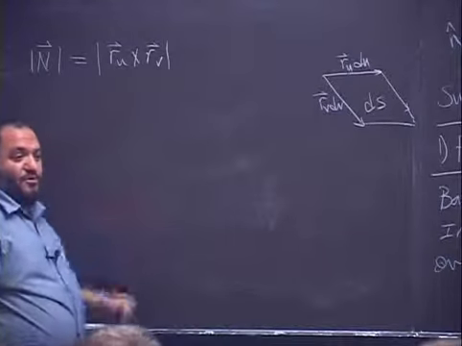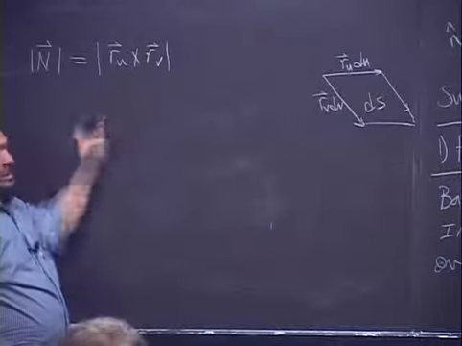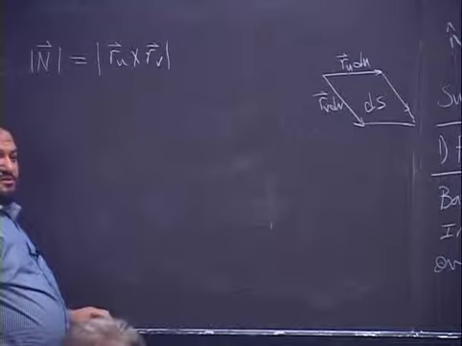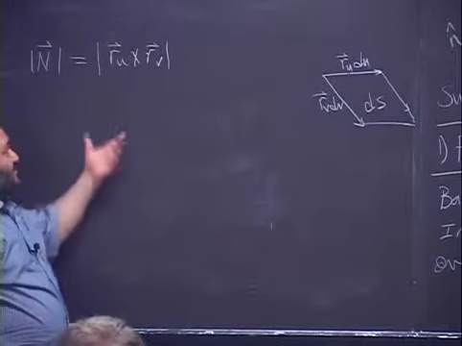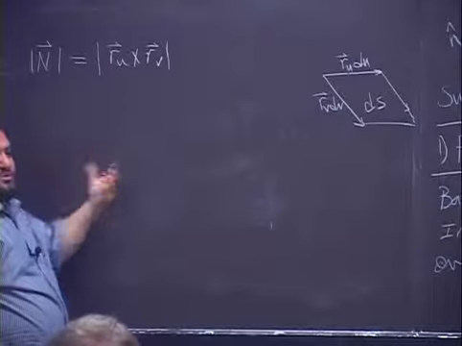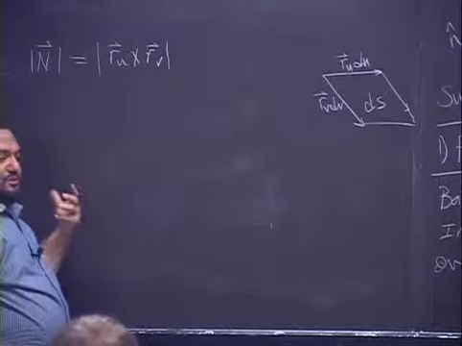You remember from the cross product, the amplitude of the cross product gives us what? The sine of the angle between them. But what geometrical representation does the cross product give us?